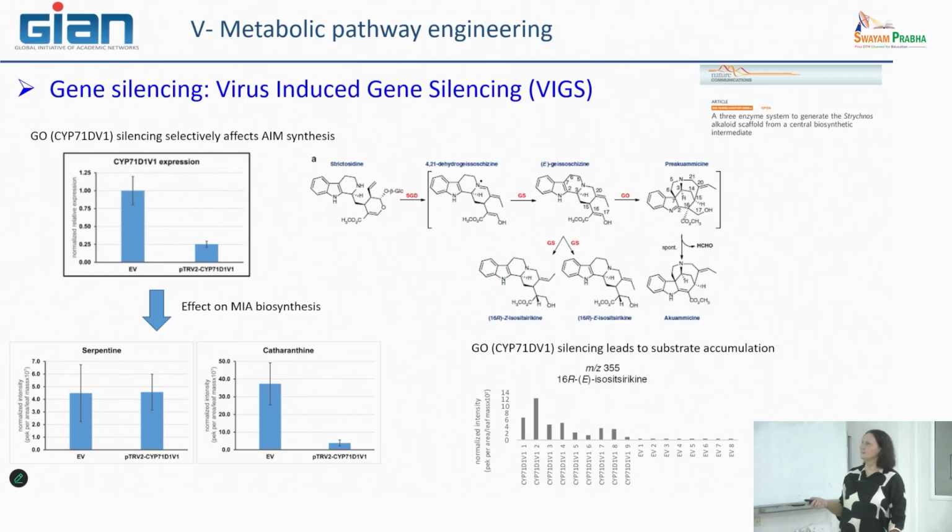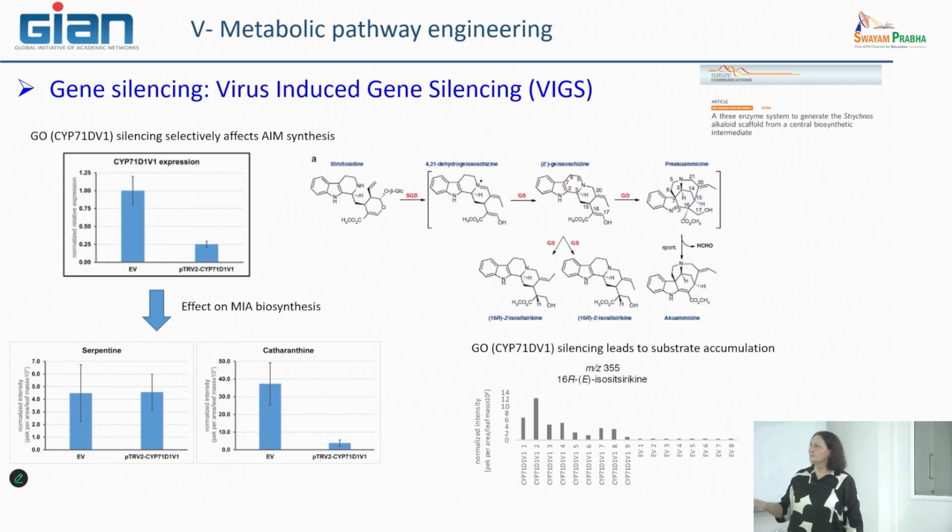What is interesting is that we didn't know which step this enzyme was able to catalyze. By combining different VIGS strategies, we generated plants with transient transformation, in which you can see a big decrease in the amount of transcripts corresponding to the genes.